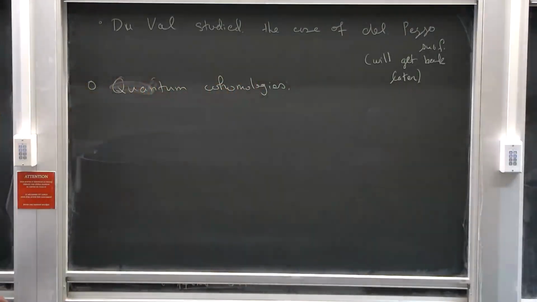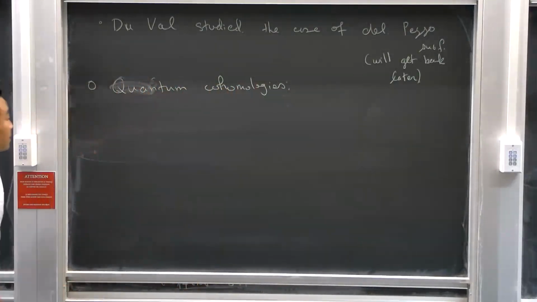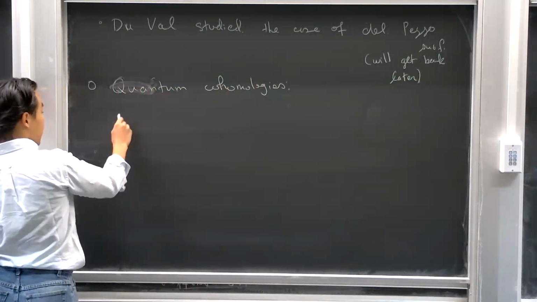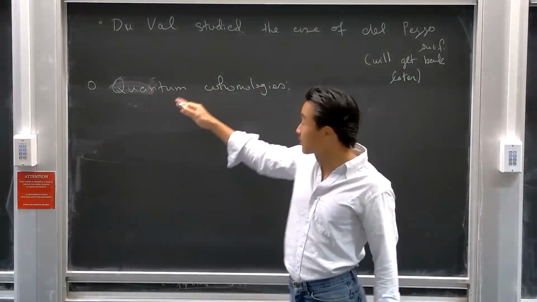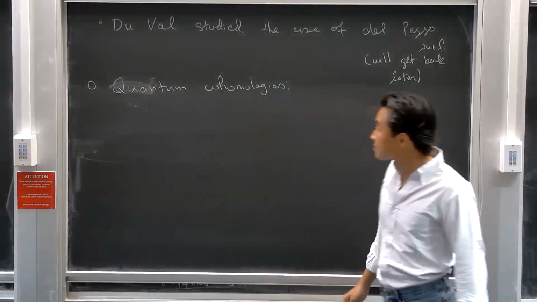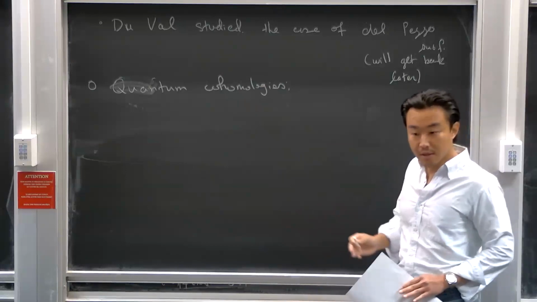So Professor McLean spoke about this yesterday, but once again, we just quickly set notations and everything. This invariant, well, this algebra is something that is studied in common between algebraic geometers and symplectic geometers.